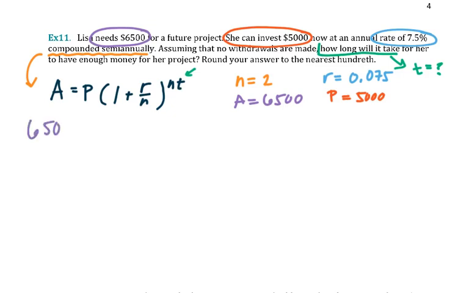So I'm going to take all of those values, plug them in. That's 6,500 equals 5,000 times 1 plus my rate, 0.075, divided by n, the number of times compounded, which is 2, to the 2t power.